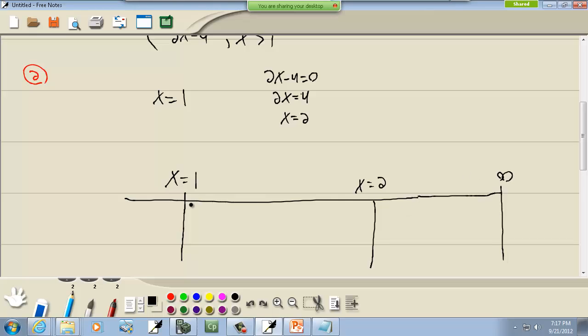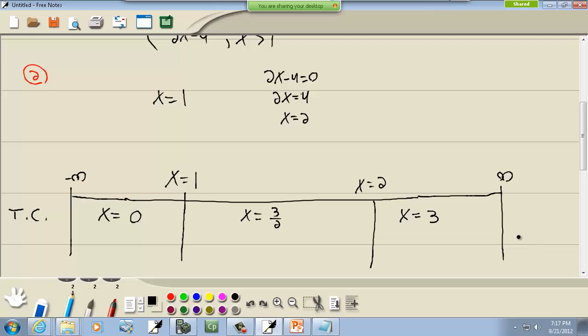And clear over here is positive infinity, clear over here is negative infinity. We want to pick our test cases. We want to choose a value between negative infinity and 1, like 0. Something between 1 and 2, like 3/2, 1.5. Something between 2 and infinity, like 3.